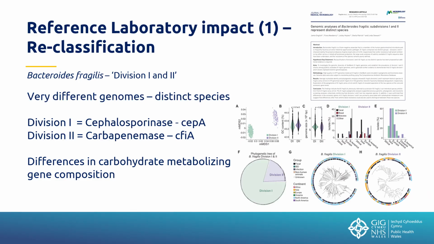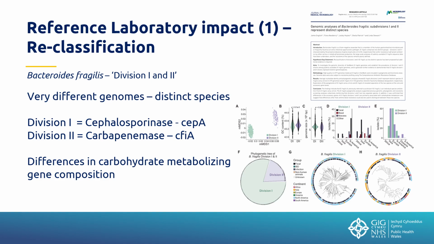In terms of more recent reclassification, it's been recognised for a number of years that Bacteroides fragilis can be divided into 2 very different bacterial species. So there's a division 1 and division 2 within Bacteroides fragilis, and they have very different genomes, and we are aware that they are distinct species.